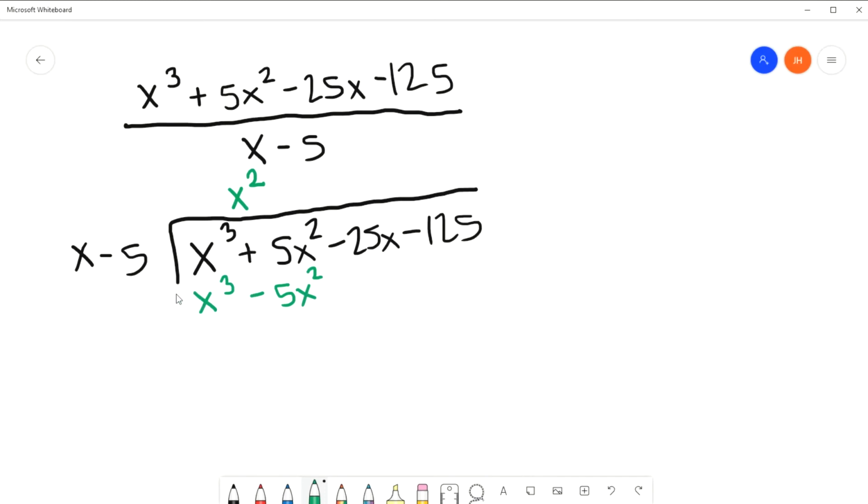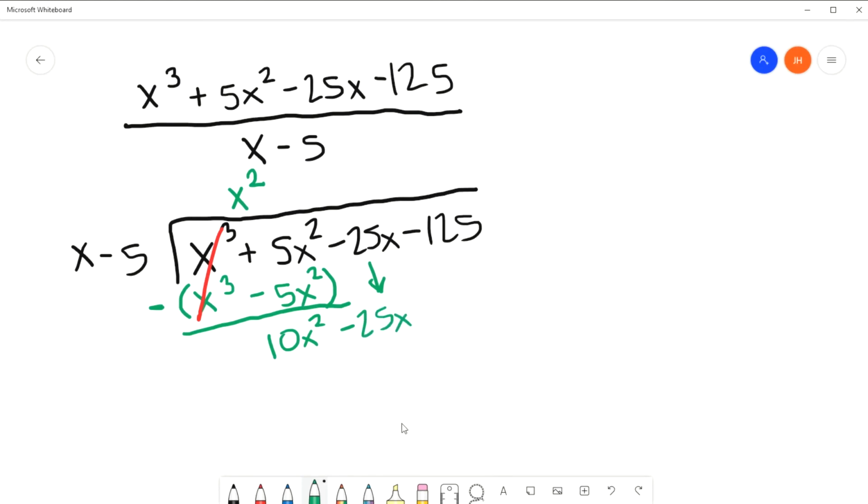Then, just like in normal long division, I subtract that. x cubed minus x cubed cancels out. Excellent. 5x squared minus negative 5x squared: if I subtract a negative, that makes it plus, so 5x squared plus 5x squared is 10x squared. And then I bring down minus 25x.